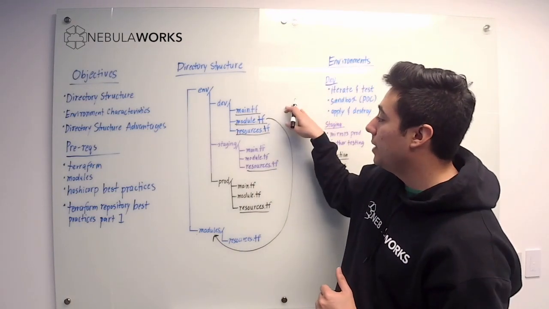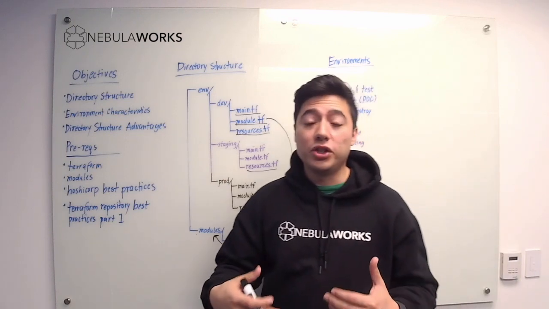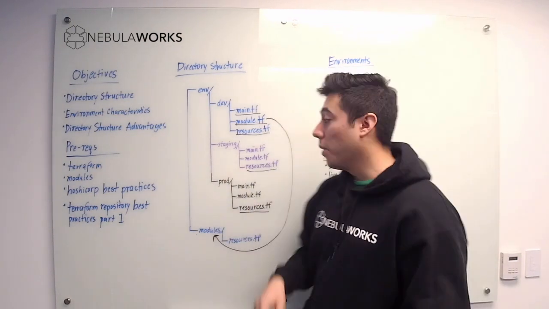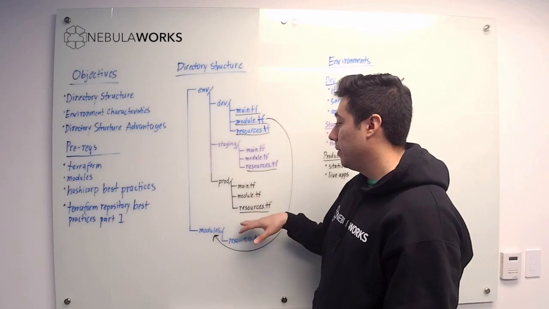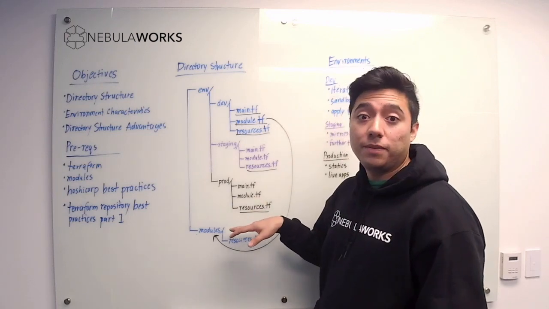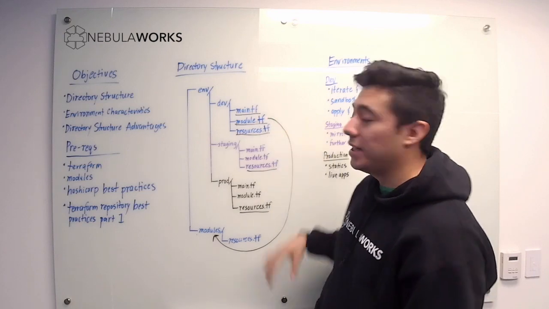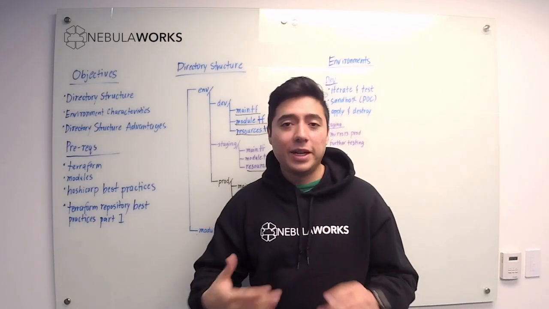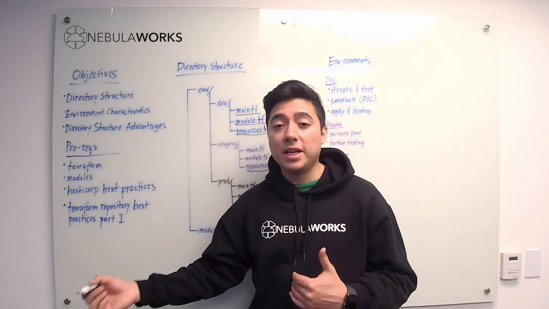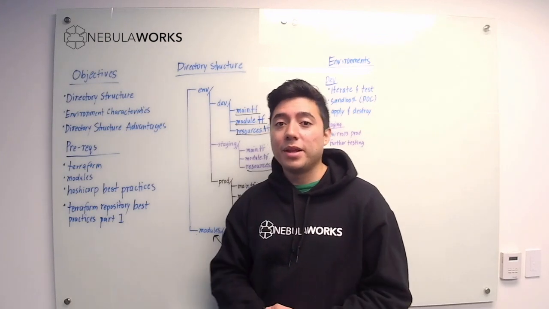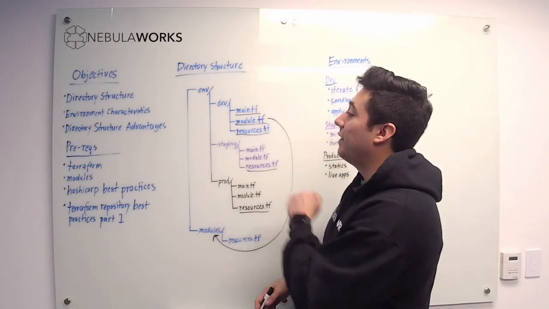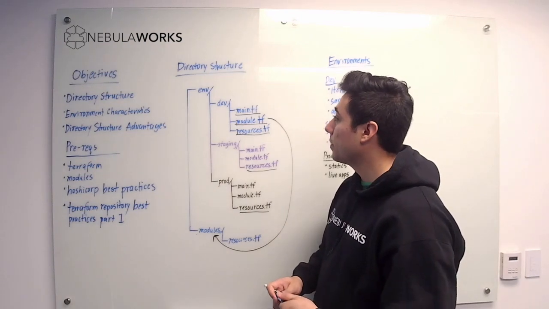So I have a dev environment and a staging environment where I can validate any functionality I'm adding before I walk those changes over to production. And also the fact that these are all discrete means that it's really hard to fat finger a Terraform apply and apply it to an environment that I wasn't supposed to. Yeah, so those are all the advantages that you're going to get from this directory structure.